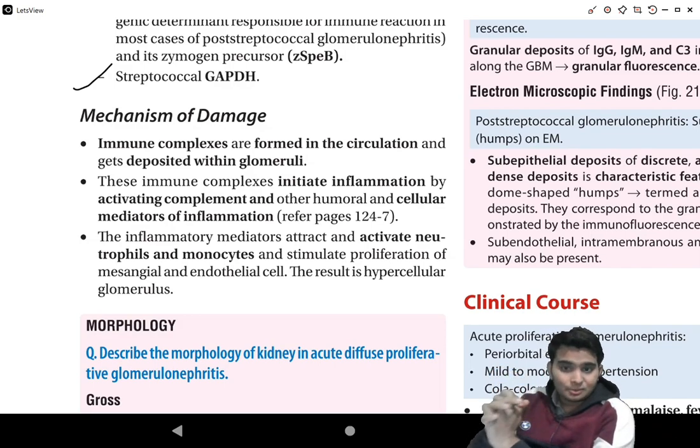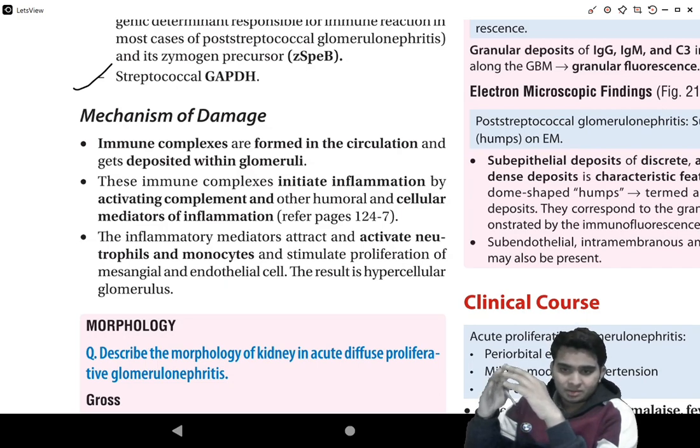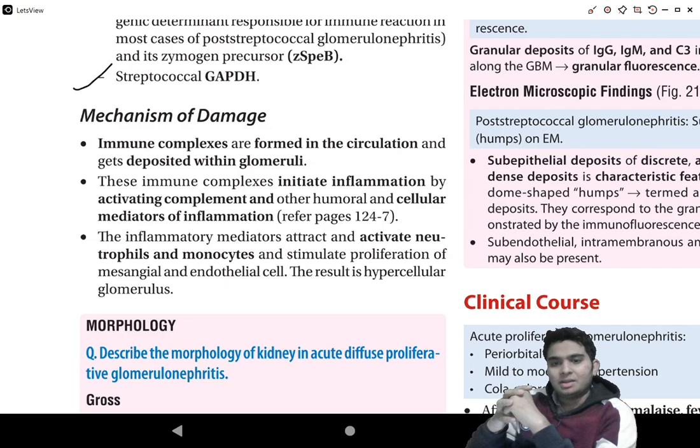So the mechanism of damage. Once the infection happens, it releases the antigens, and in response our body produces the antibodies. These antigens and antibodies react with each other and form immune complexes in the circulation, which get deposited in the glomeruli.